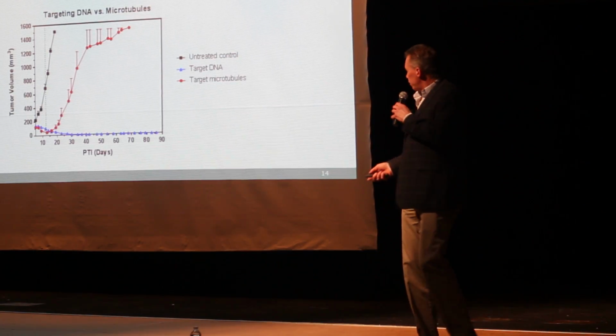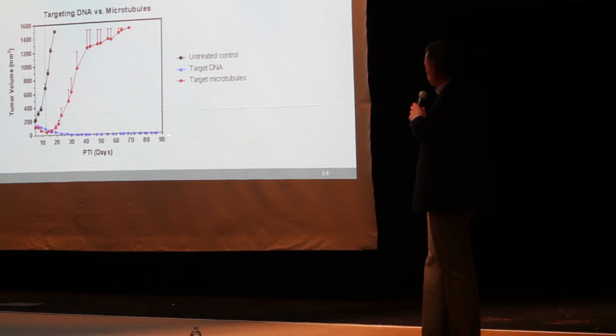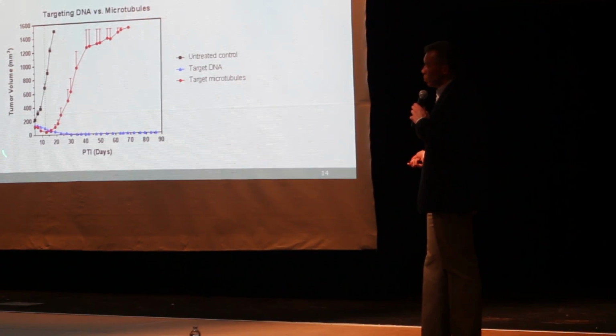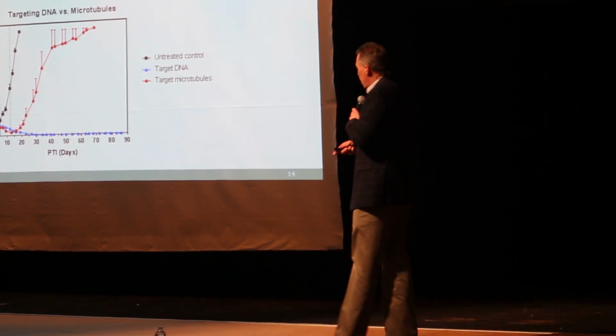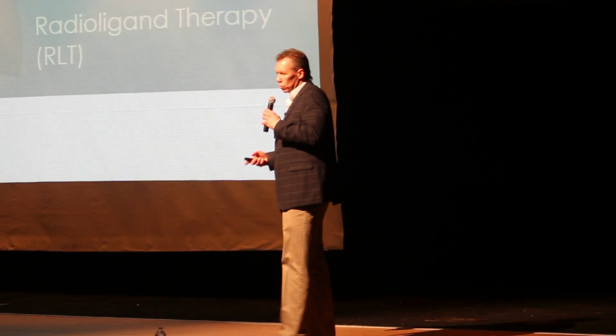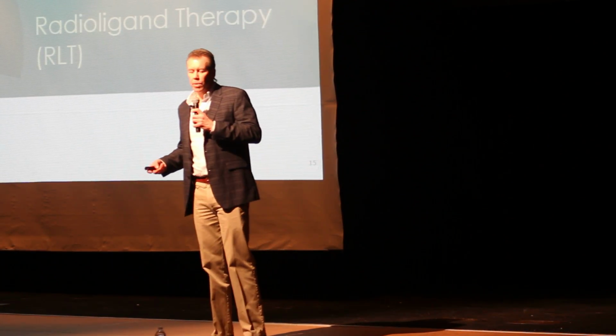In that setting, we also see curative activity. In fact, in this model that we tested, that same drug that cured those other animals, the microtubule inhibitor, had some anti-tumor effect, but against this particular tumor, it didn't cure. We had to switch it to a DNA poison before we cured it. So that's the fun we have, trying to understand the best approach on how to treat.